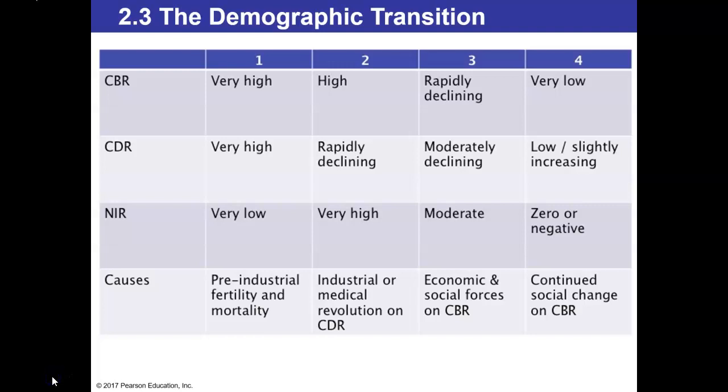The 4th stage of the demographic transition is classified by a very low crude birth rate, a low or slightly increasing death rate, and 0 or negative increase in population, or the NIR, natural increase rate. This is due to continued social change on the crude birth rate.